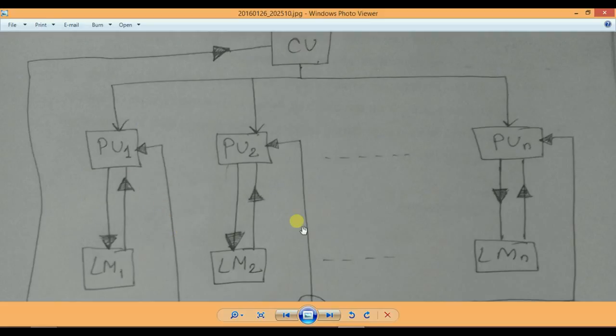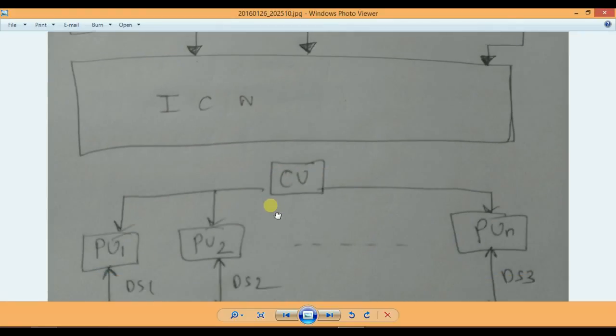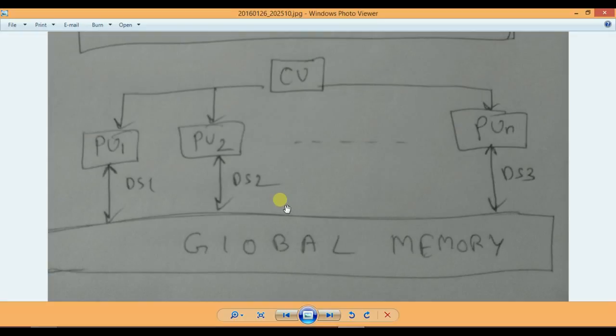This is one type of system, and there is another type of system where there is no local memory but there is a global memory. So each of the processors does not have a local memory but they have a global memory from where they get the data.